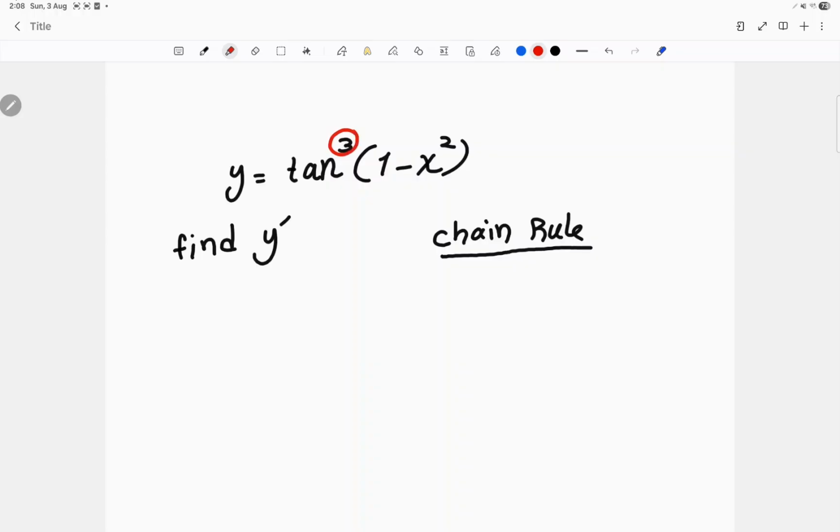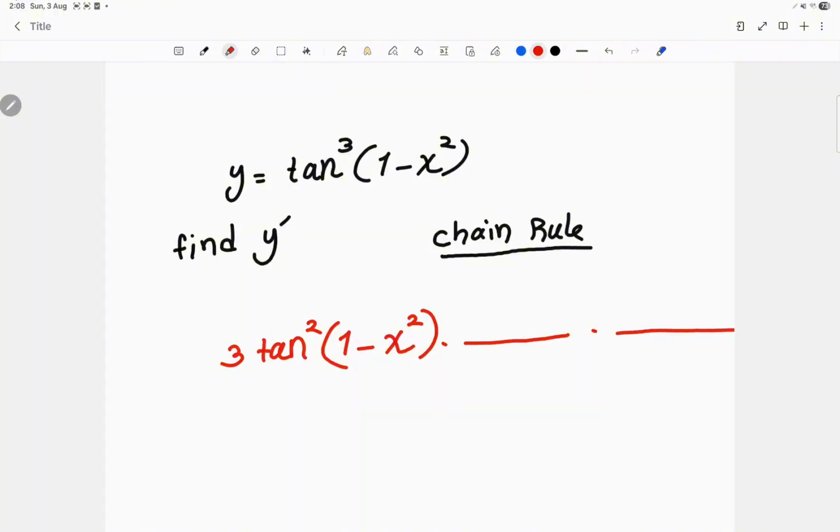So the 3 has to go down. We're going to have tan to what power now? And now start to differentiate the outside, then the inside. You must fill in 2 blanks. So now differentiate the tan to become secant squared.